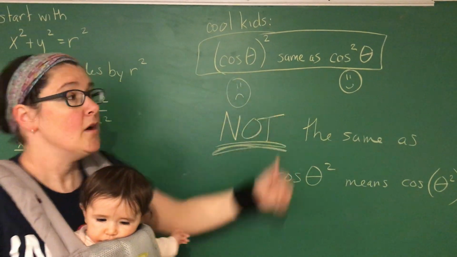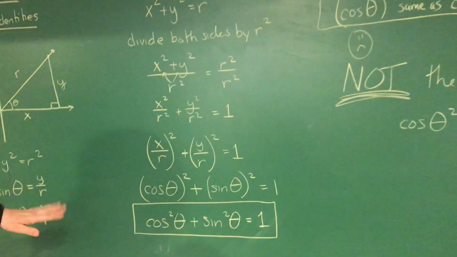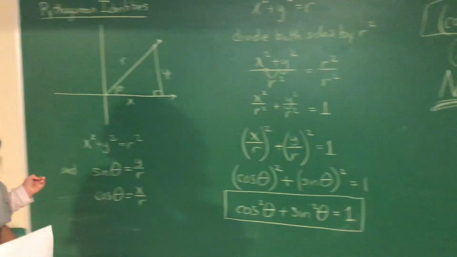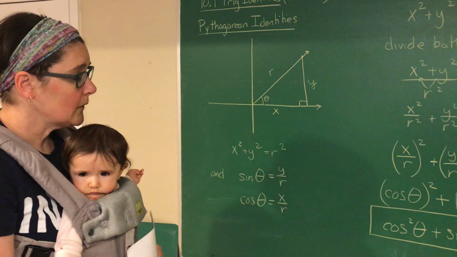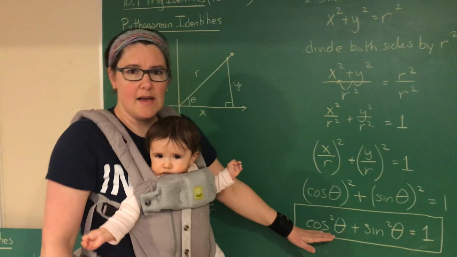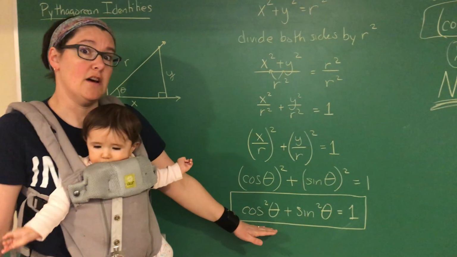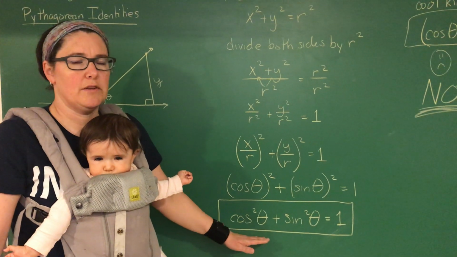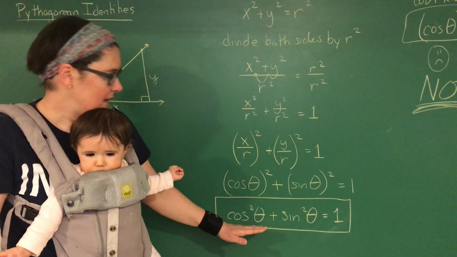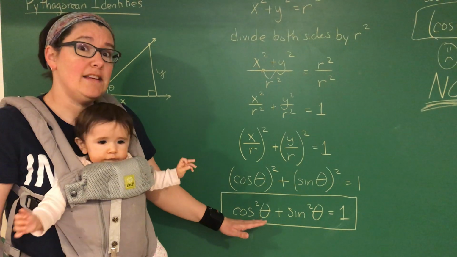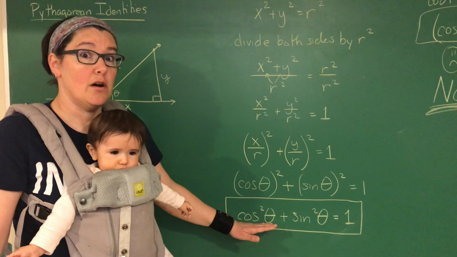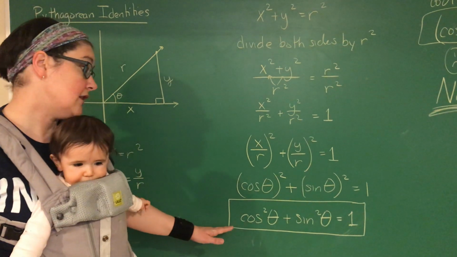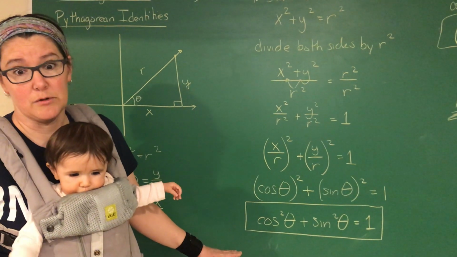Okay? Okay, so back over here, our very first Pythagorean identity is cosine squared theta plus sine squared theta equals 1. Okay. I cannot emphasize enough to you how important this particular trig identity is. If I were going to get any trig identity tattooed on my arm, this would be the one. Okay? Cosine squared theta plus sine squared theta equals 1.